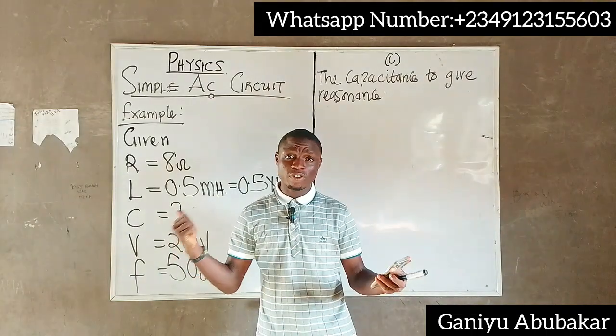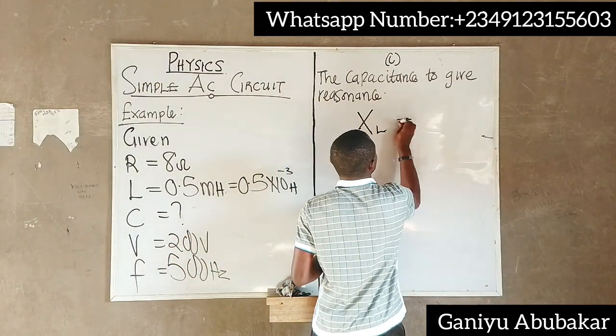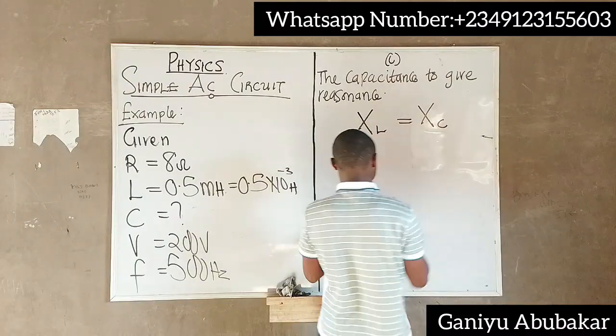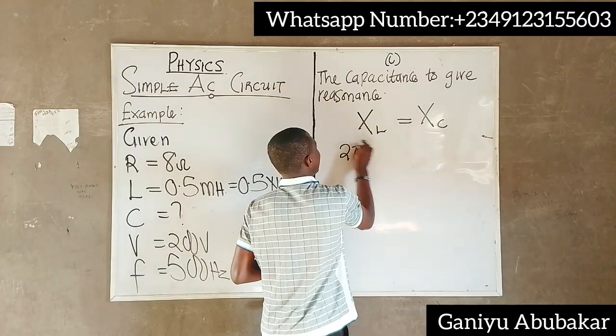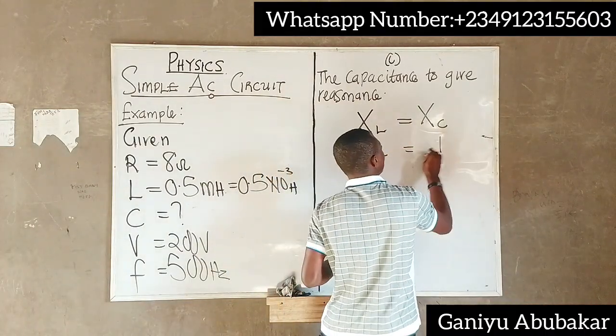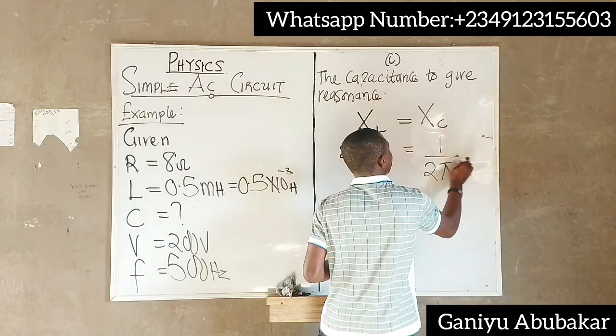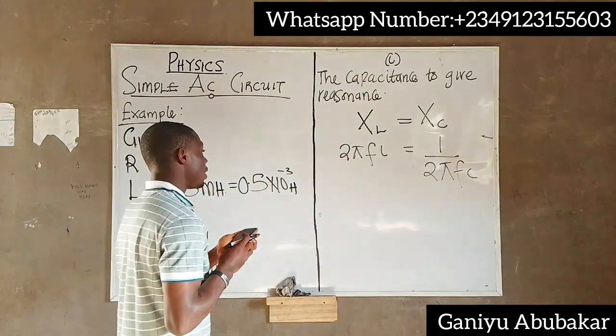That was said in a previous class. So I have XL equal to XC. You know that XL is 2 pi FL, equal to XC, which is 1 over 2 pi FC.